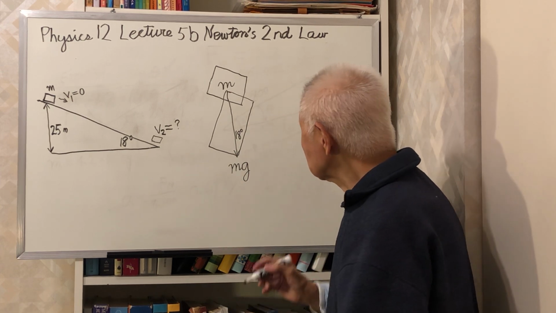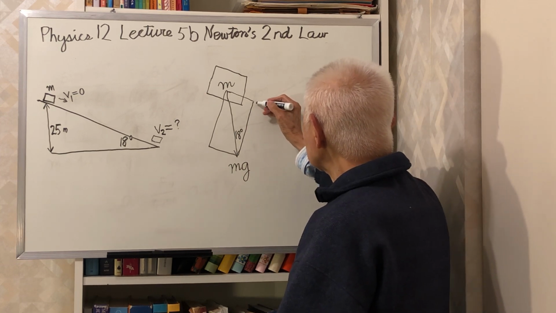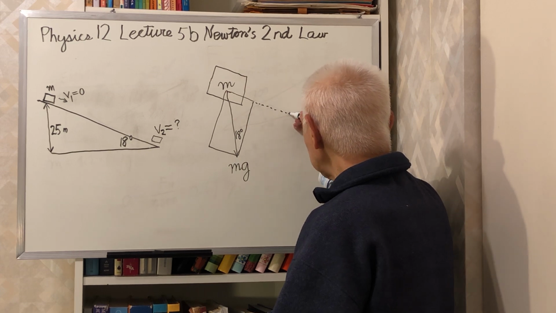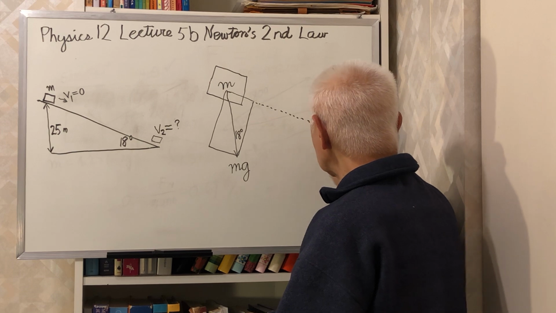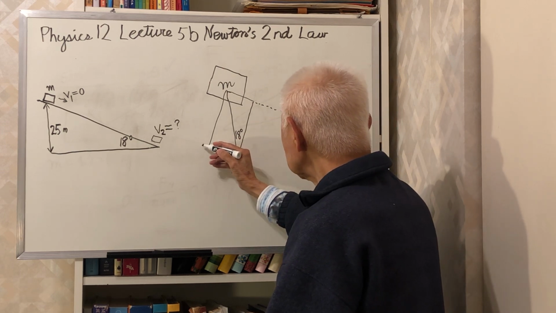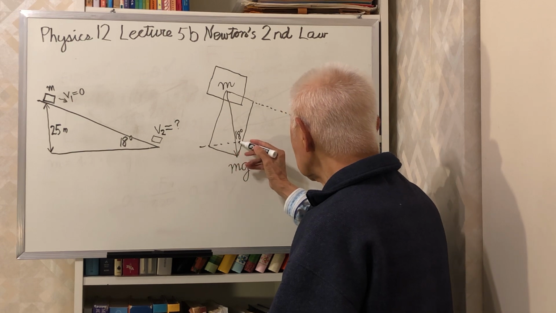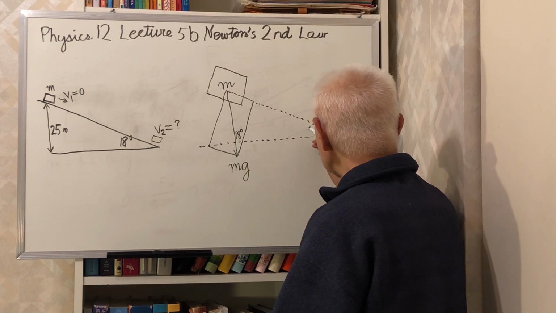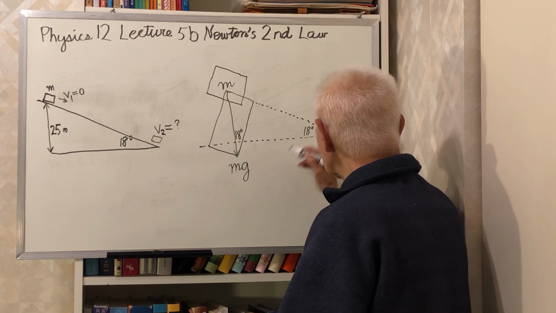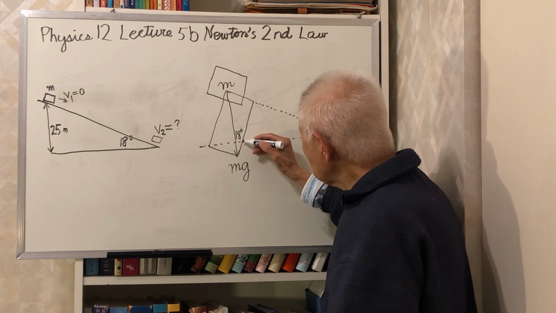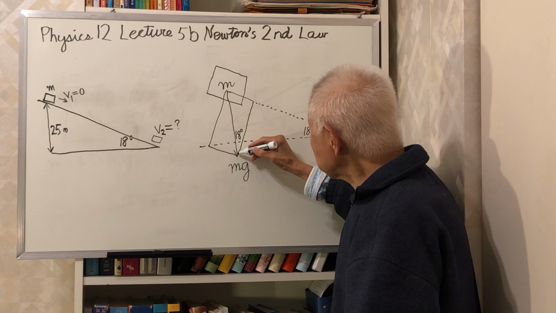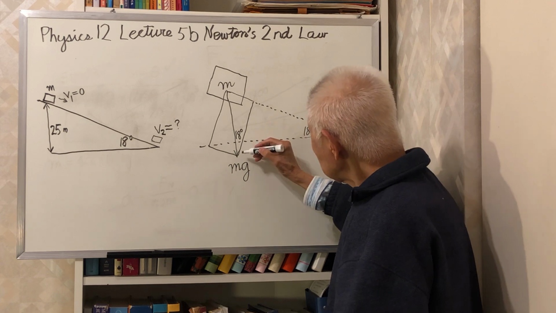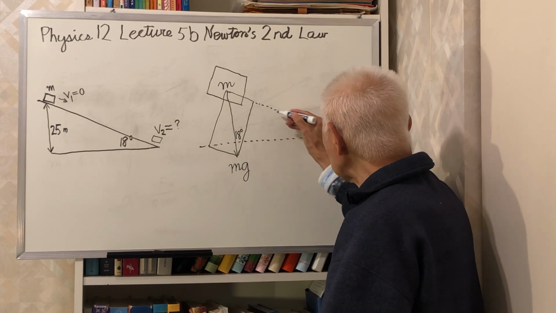Why? So this is along the inclined plane, and this is horizontal, and this is 18 degrees. You see, this angle has two sides. This side is perpendicular to this side, and this side is perpendicular to this side.